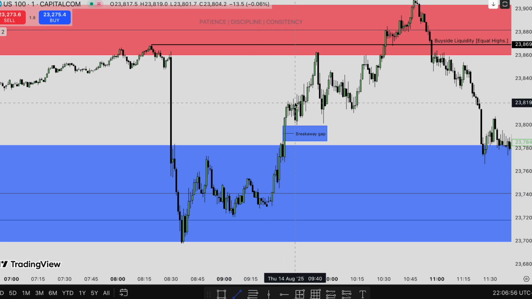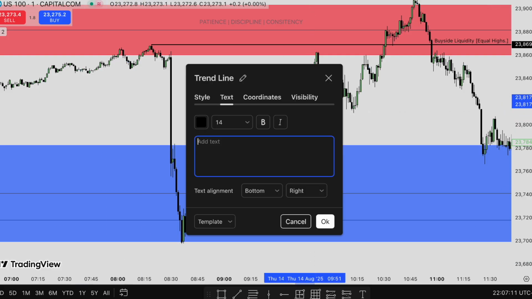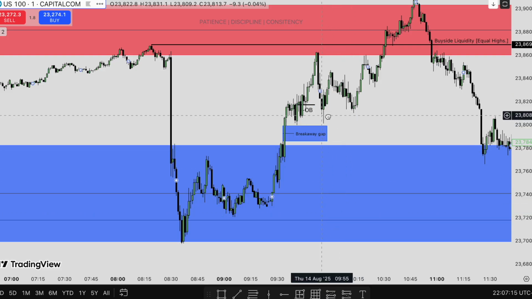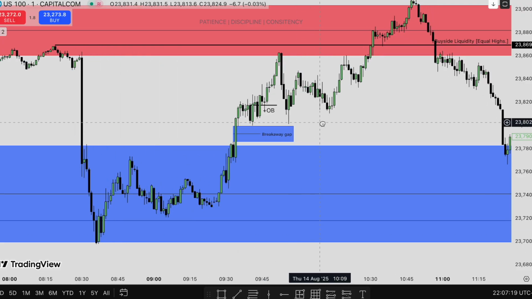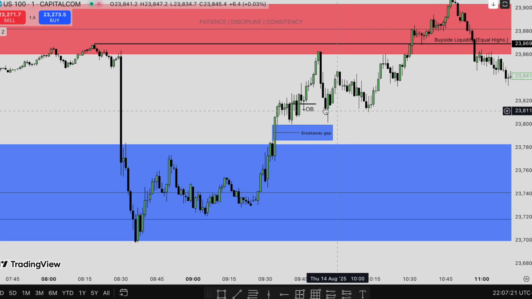So I preferred to see price respect this order block and I'd need to trade down there. Right, so that's what I wanted. Order block B, yes. So that's what I did right there.